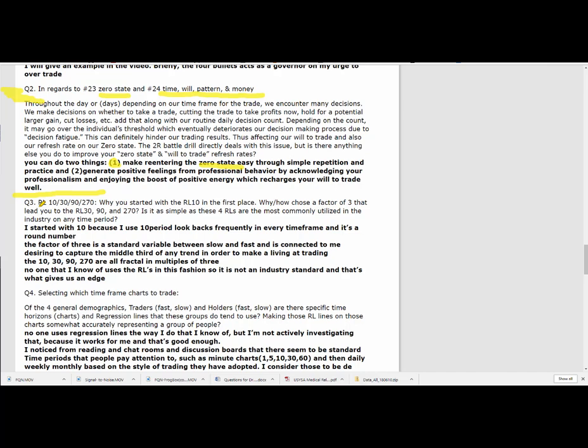The factor of 3 is kind of a standard variable between slow and fast. And it's also connected to me desiring to capture the middle third of any trend. So if the full trend was from here to there, and I can divide that into 3, I'm just trying to capture the middle of this. In that first segment, I'm trying to get my entry, and in that last segment, I'm trying to fine-tune my exit.